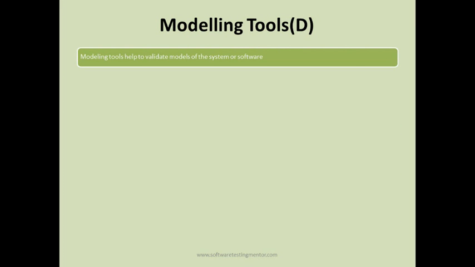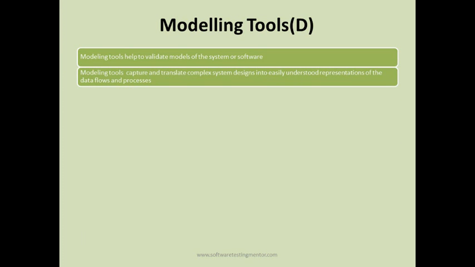Then there are modeling tools. Modeling tools help to validate models of the system or software, whether the model of the software or the system is right or not. Then modeling tools capture and translate complex system designs into easily understood representations of data flows and processes.